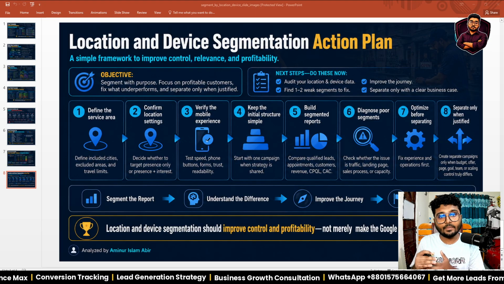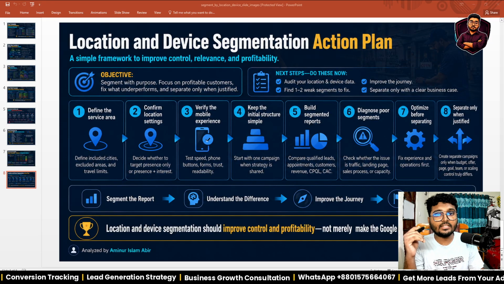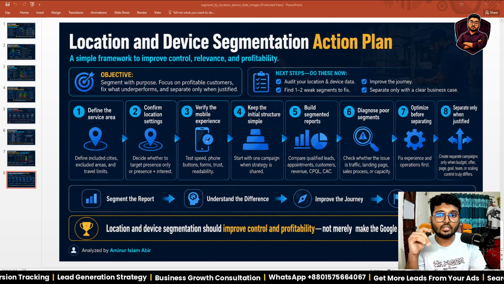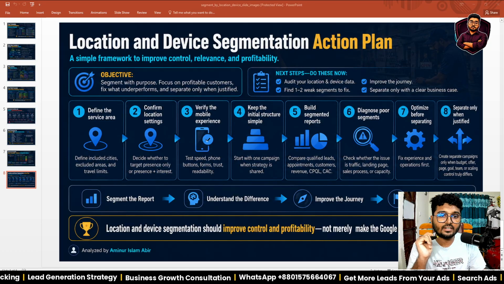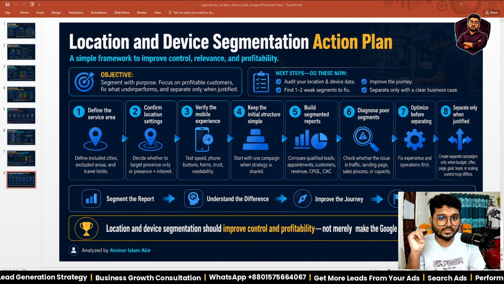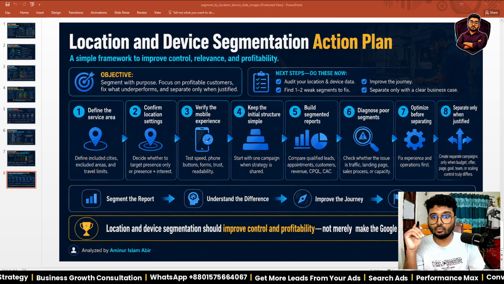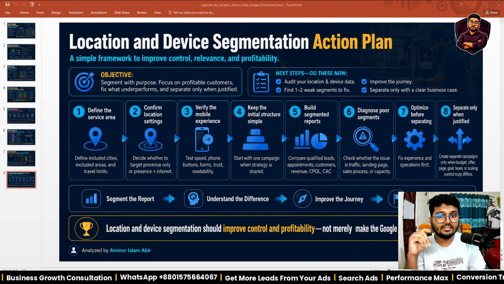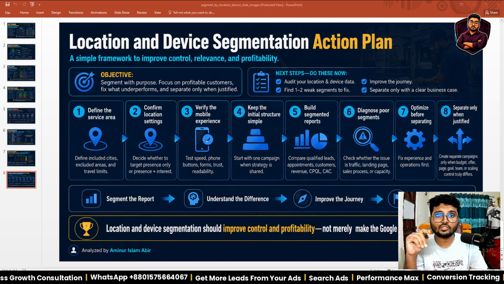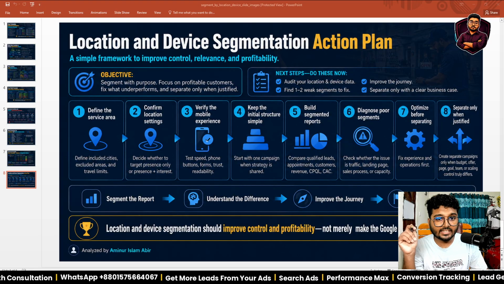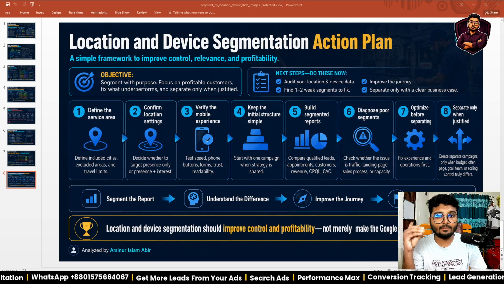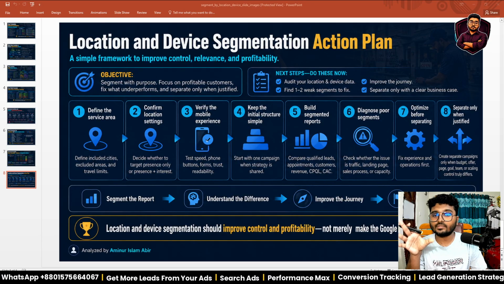Create a separate campaign only when the segmented result, independent budget control, different messaging, another customer journey, or different business economics requires it. A well segmented account is not the account with the most campaigns. It is the account where every important customer segment receives the right experience and produces a measurable, profitable business result.